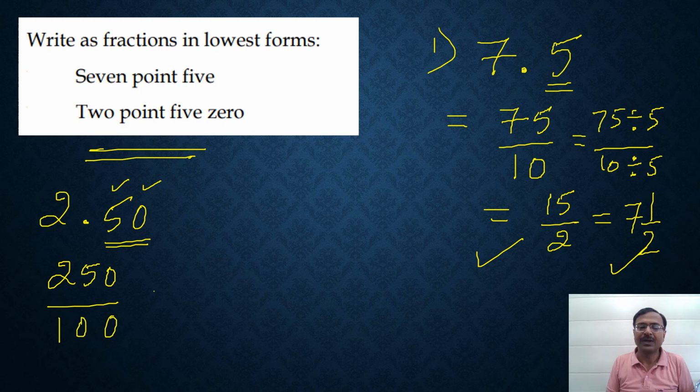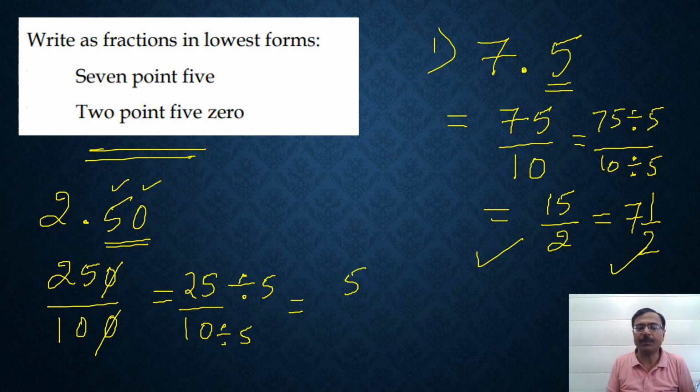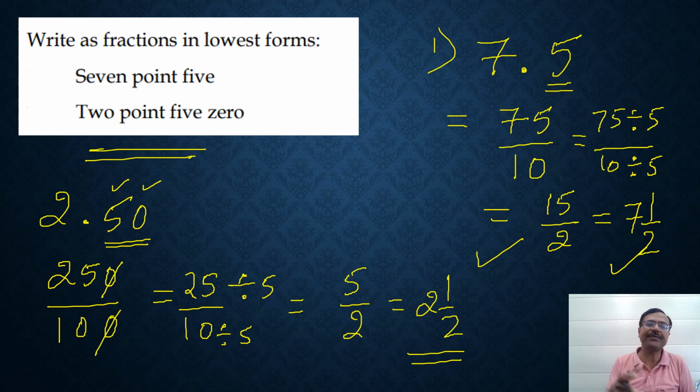And therefore, you can cancel the 0 there, and 25 upon 10, they are divisible by 5, right? So you can divide this by 5, divide this by 5 and get the answer as 5 upon 2. And 5 upon 2 is 2 and a half in mixed number form. So this is how you need to express quantities in terms of fractions in lowest terms. Very important concept for class 6 students.